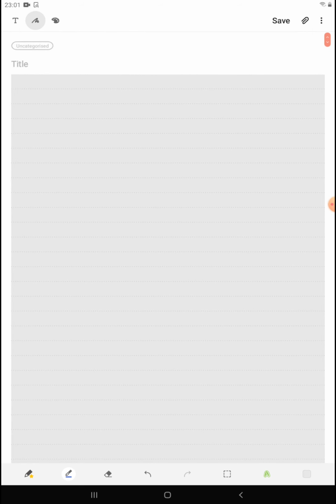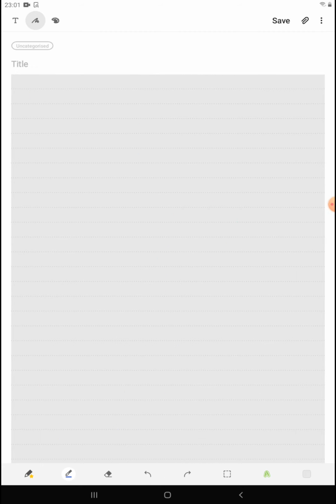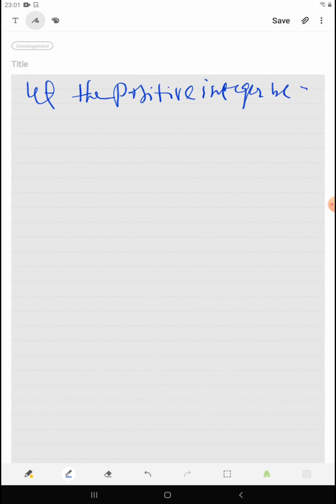Square of a positive number. So let that positive integer be x.